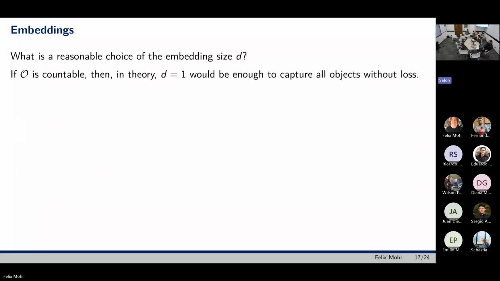Okay, so for example, if I have 5 categories, I could just say my embedding is just one line, and I put category 1 here, 2, 3, 4, and 5. I just put them onto a line. And if for some reason I need to move them because I want a different order, I will learn in my representation that, well, okay, this doesn't go here, but actually it goes here.